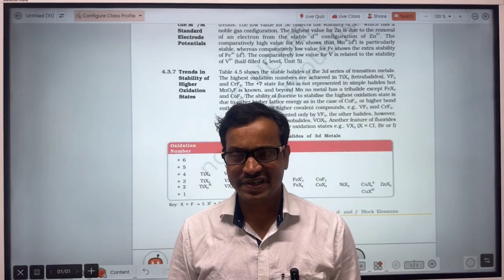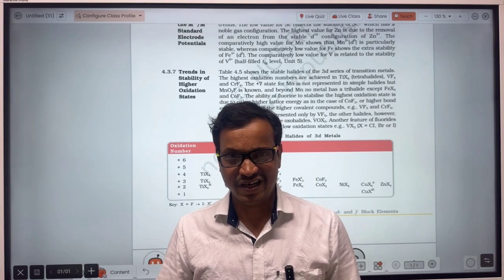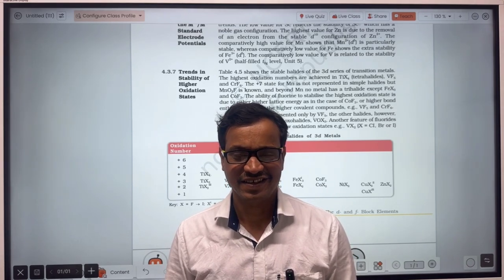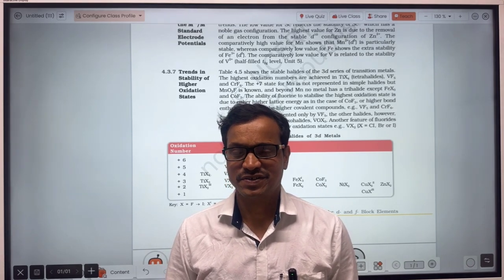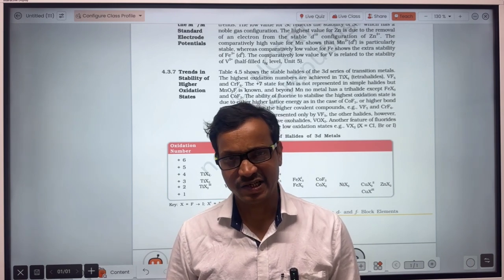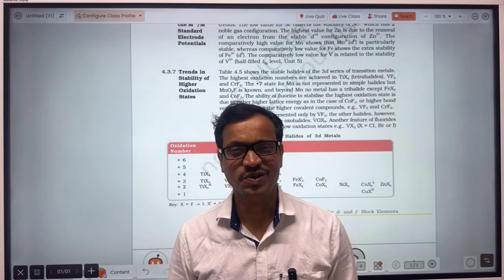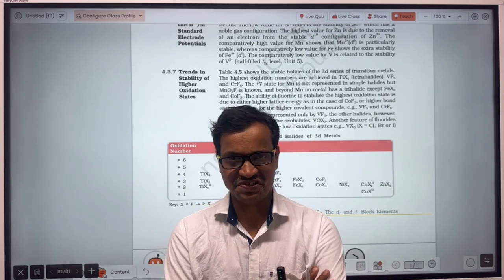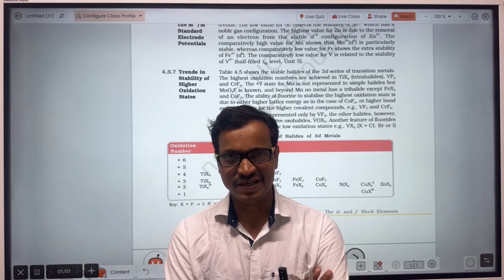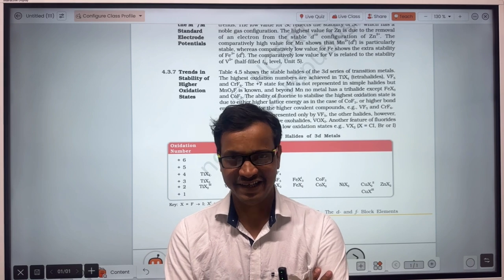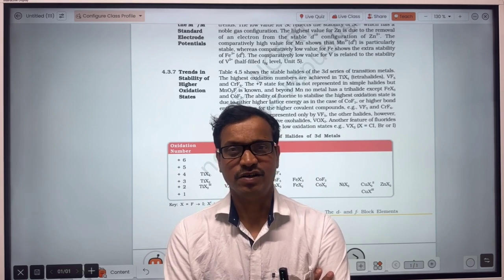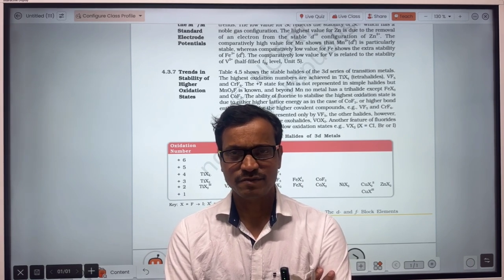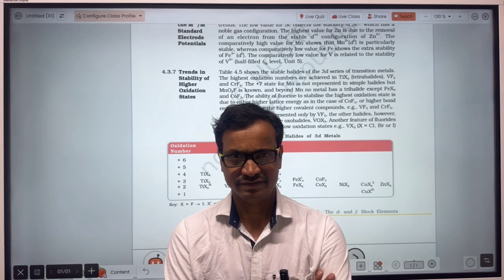The transition metals will show the higher oxidation state with elements which are highly electronegative. You already know the halogens are highly electronegative, and oxygen is the second most electronegative element.